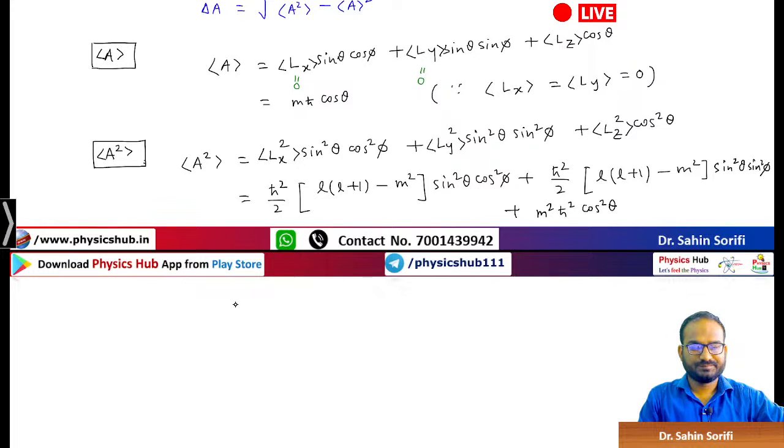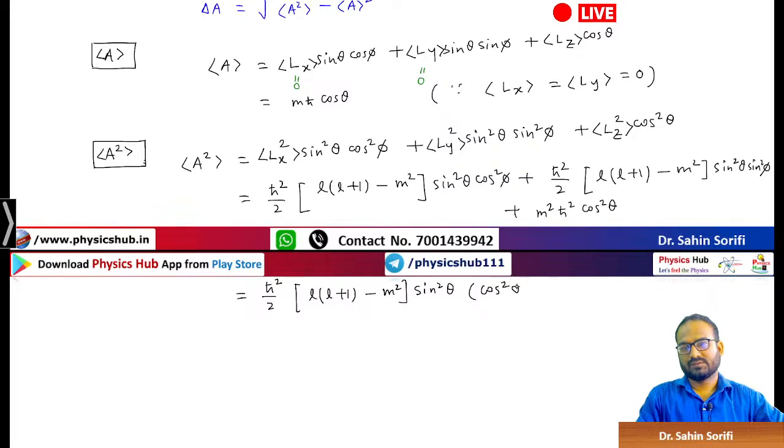So if I take, let's say, this h cut square by 2 times L into L plus 1 minus m square common, and many other things can also be taken common. You see, sin square theta can also be taken common. You are left with, in the first term, cos square phi, in the second term sin square phi, and the third term remains as it is, m square h cut square cos square theta.